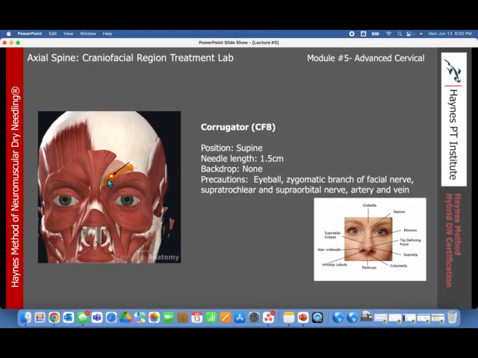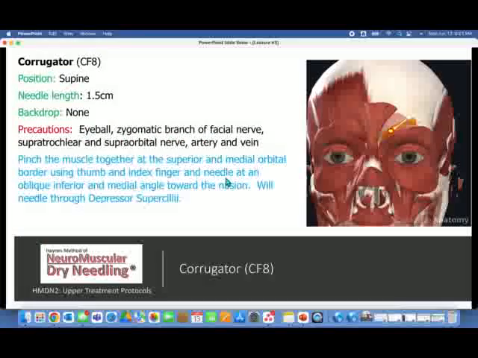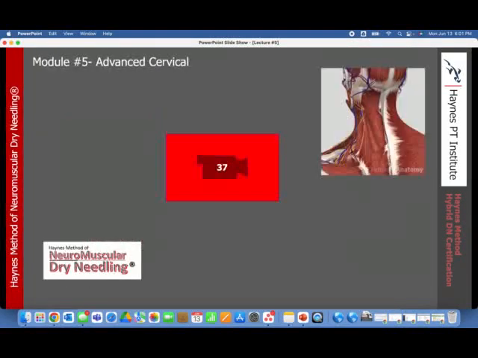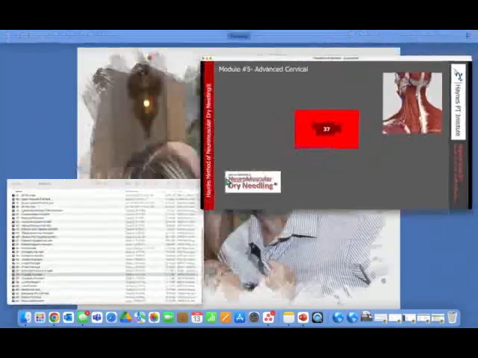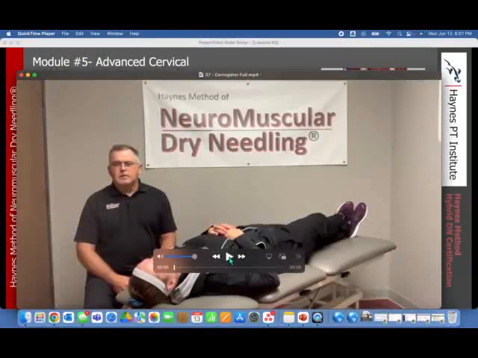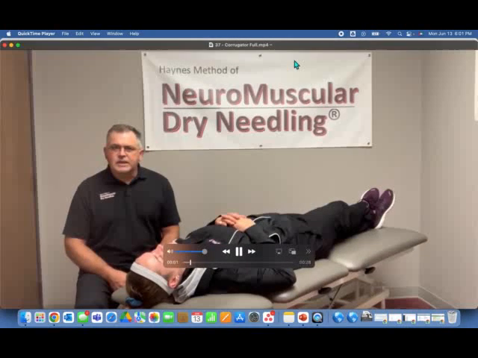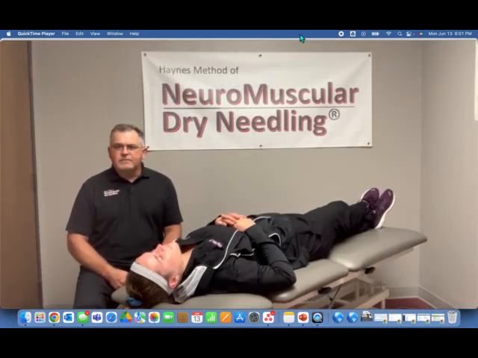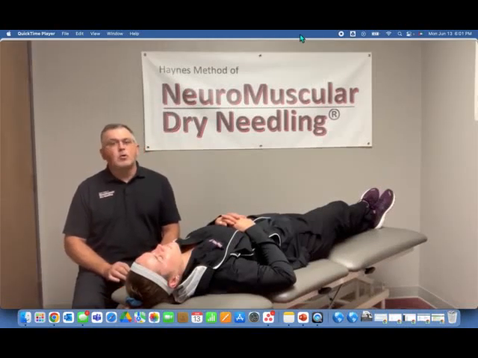Okay, then we'll get to, it's not shown here, it's faded, but here is the corrugator supercilii, and then superficial to it, that's hidden, is the depressor supercilii, and they're needled the same method. For the corrugator, position again is supine with a 1.5 centimeter needle length with no backdrop.